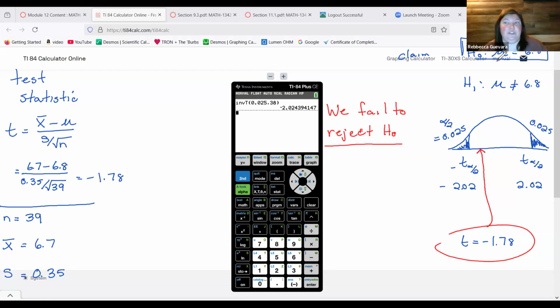Since we fail to reject the null hypothesis, that means we don't necessarily have evidence to support our claim, but we don't have evidence to the contrary. We don't have evidence the claim is wrong.